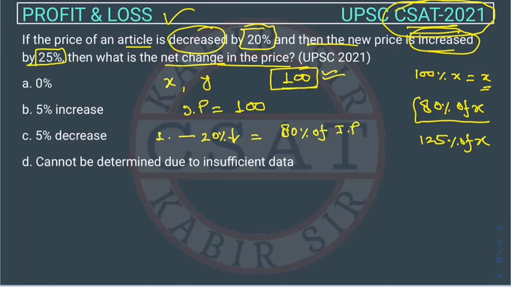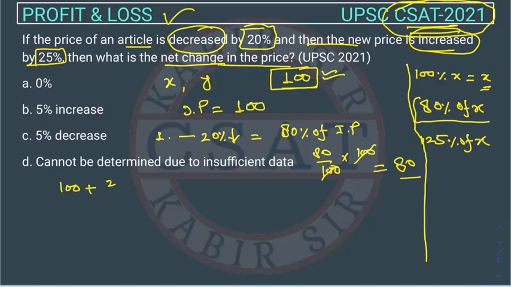What is the initial price? 80% of 100 will become 80 rupees. If you are not understanding this, you can write the initial price as 100 plus 20% of 100. Oh, there is a decrease actually, so here the minus will come, not the plus. If you solve this, it will come to 80 rupees only.